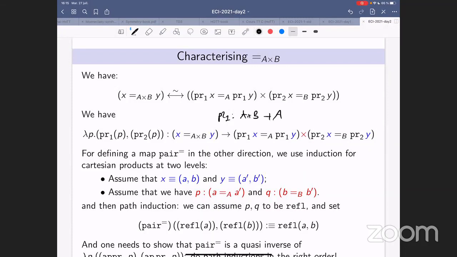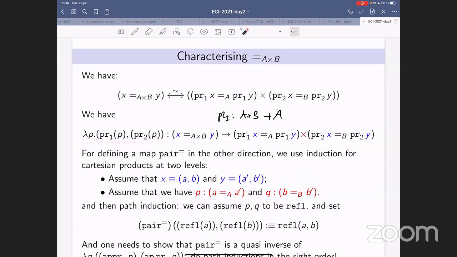Hence, I can apply PR1 to my proof of X equal Y, and what I get is a proof that PR1 of X is equal to PR1 of Y, and the same thing for PR2. So I have this very simple function in one direction.